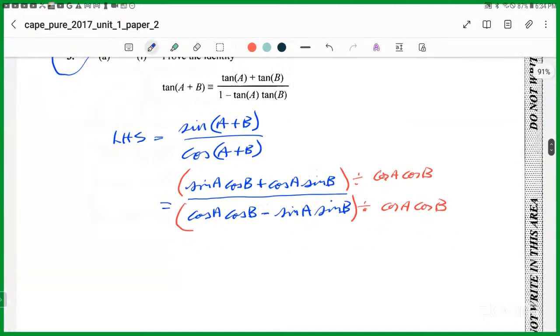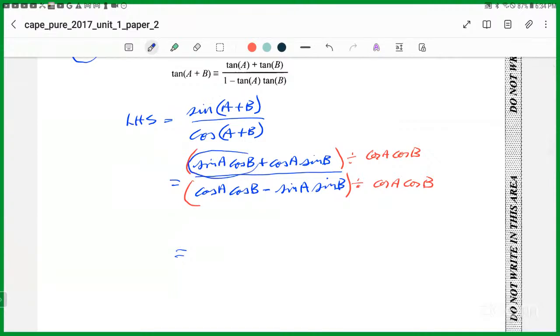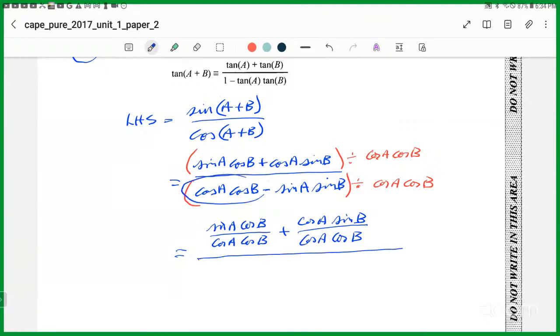So this becomes equal to: I'm going to divide this first by cos A cos B, and I get sin A cos B over cos A cos B, plus, dividing again by cos A cos B, cos A sin B over cos A cos B. That's the numerator, divided by, dividing this now by cos A cos B, it becomes a 1, because that was my target value.